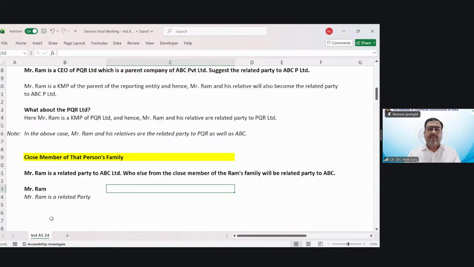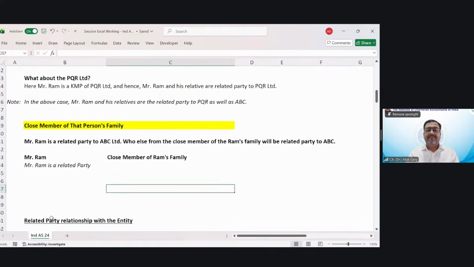Here, close member of that person, close member of Ram's family. Who will be covered here?